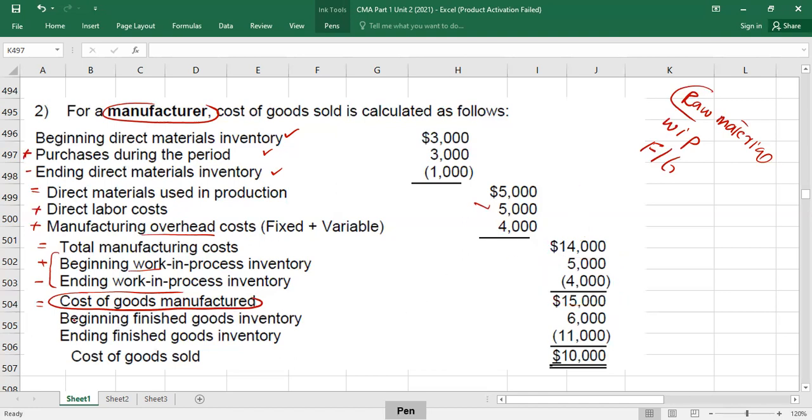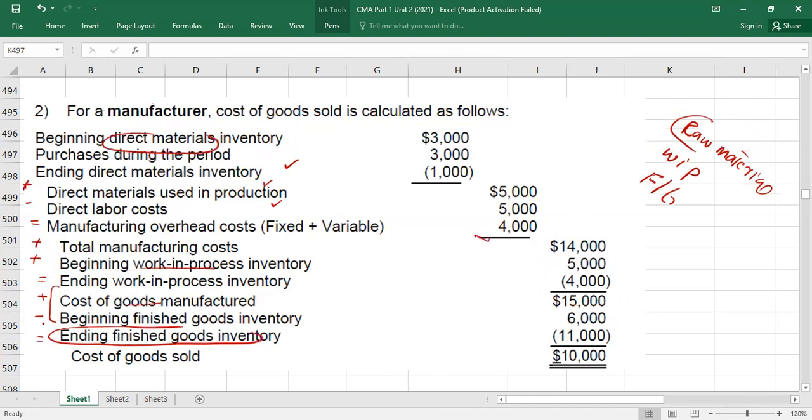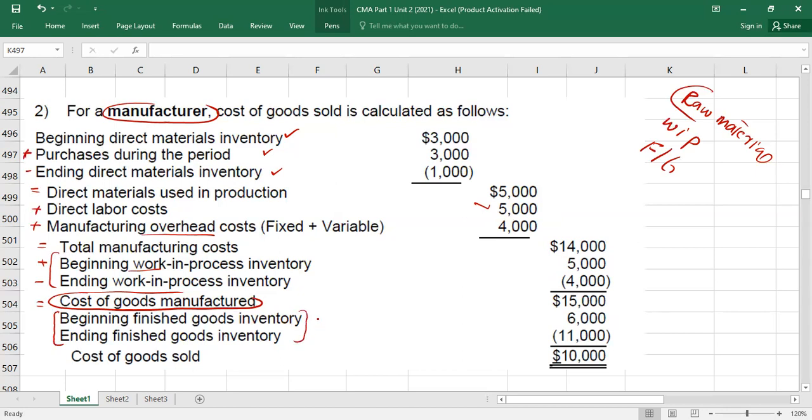Now guys, after that, this area, here we are going to adjust what? Finished goods. And this area was about what? Work in process. And this area was about what? Raw material. Now you are dealing with the finished goods. So you reach to this value already. Cost of goods manufactured.